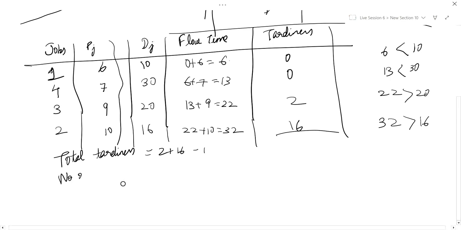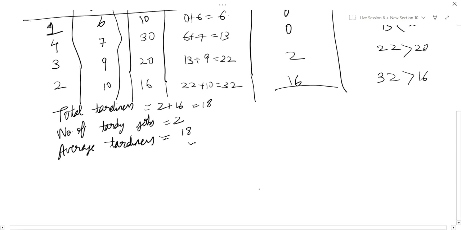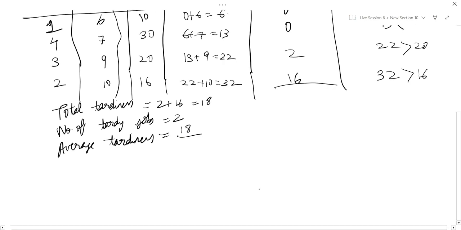Number of tardy jobs is equal to 2. Average tardiness, total tardiness by total number of jobs, will be 18 by 4, 4.5.